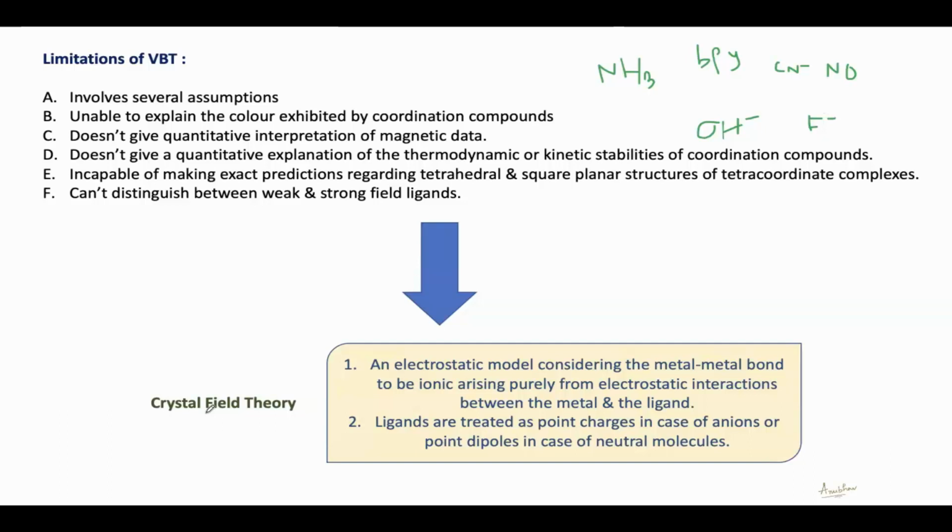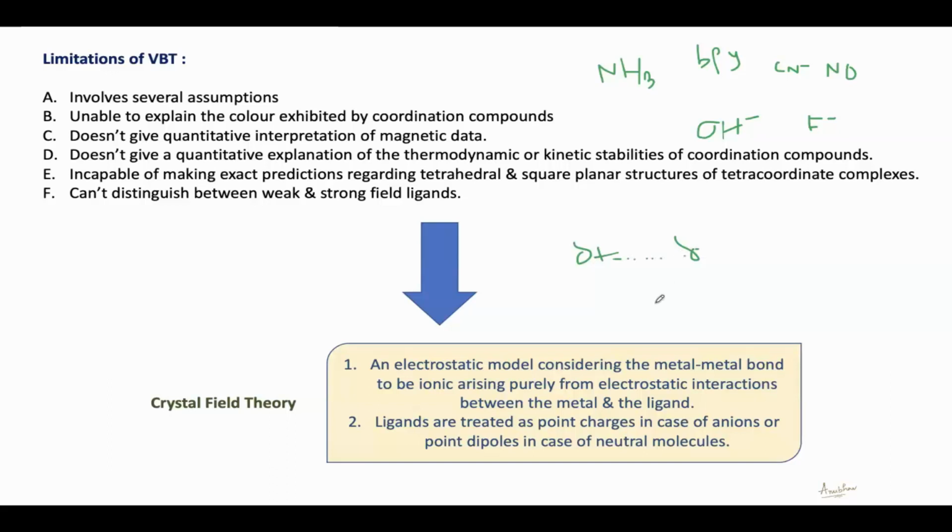The two basic points to be noted here are these. First, in crystal field theory, an electrostatic model is considered, where the metal-ligand bond is ionic, arising purely from the electrostatic interaction between the metal and the ligand.